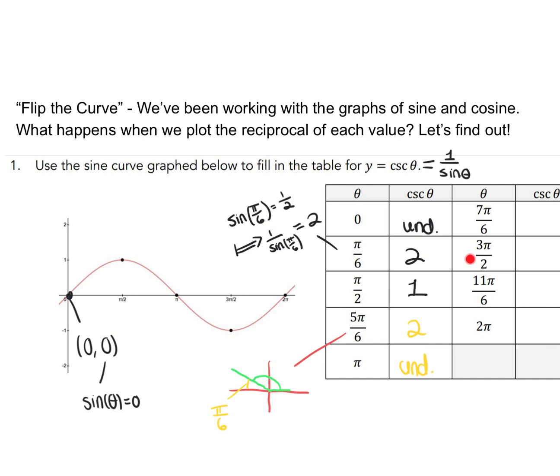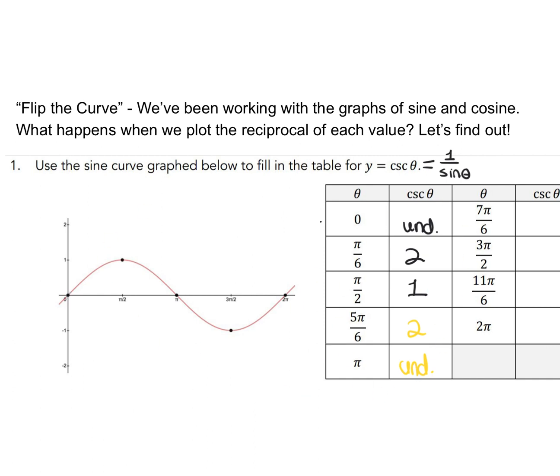We're going to draw cosecant using these values, the graph of cosecant. So where we have our undefined values, 0 and pi, we're going to have vertical asymptotes.